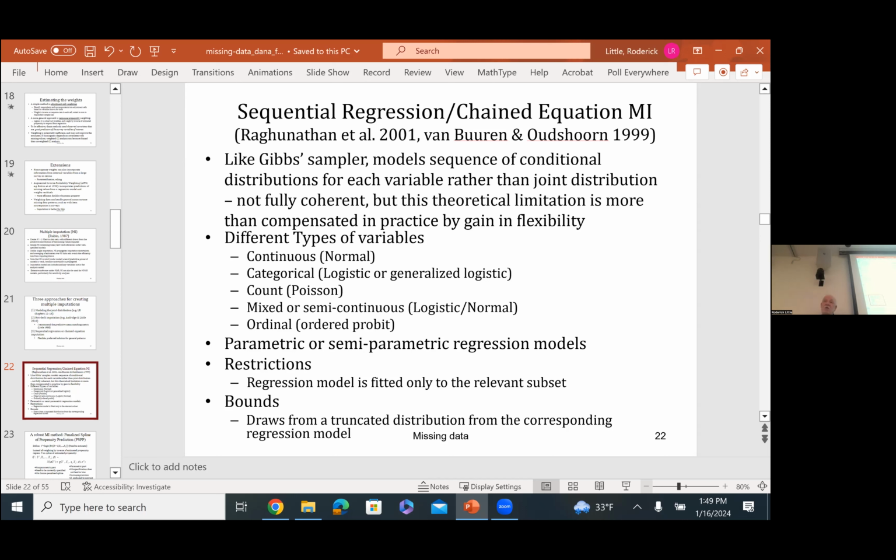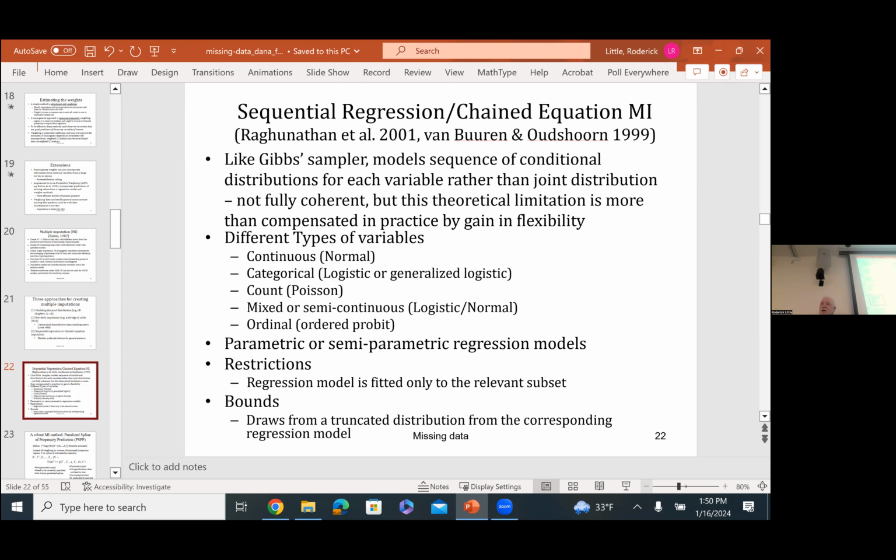So if you have y1, y2, and y3, and you have a set of x's that are fully observed, then you do a sequence where you regress y1 on all the other variables, y2 on all the other variables, and then y3 on all the other variables. In each of those regressions, you use the most recent draws of the missing values, if those variables had missing values, which sounds a bit like a Gibbs sampler. And in fact, for multivariate normal data, it is a Gibbs sampler.